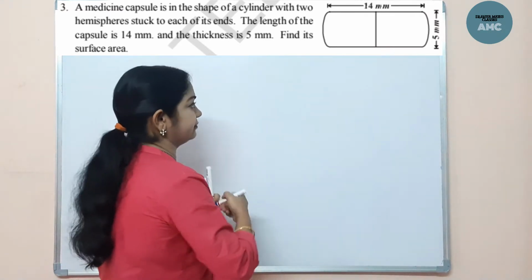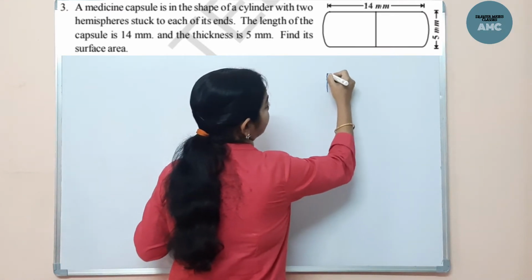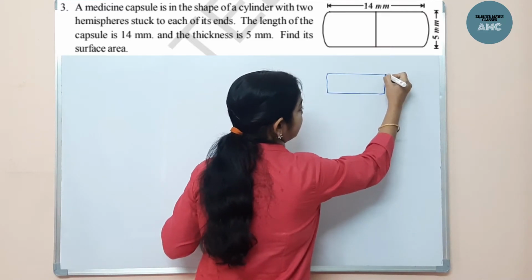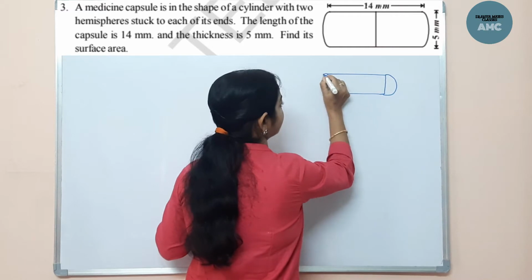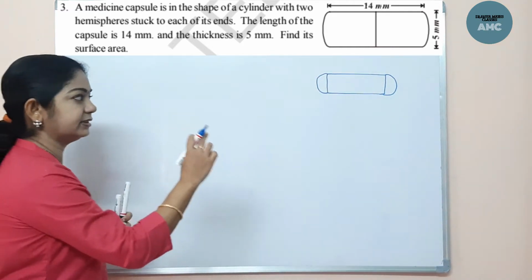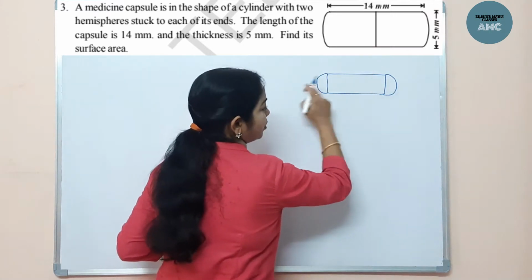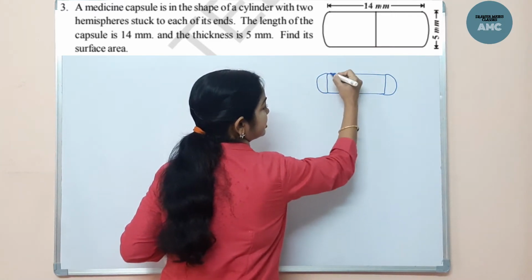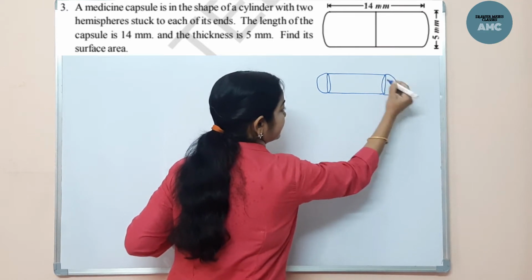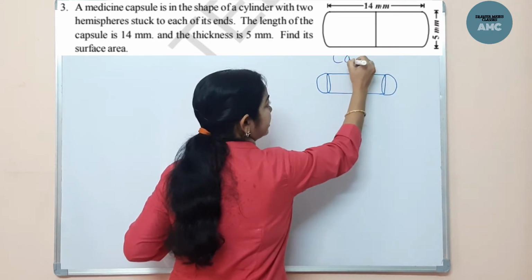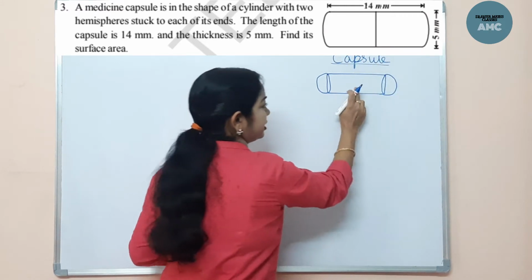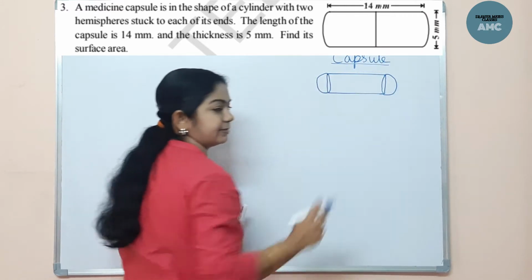Let me draw the diagram first for you. This is the capsule, in the form of a cylinder with hemispheres stuck to both its ends. This is one hemisphere, this is another hemisphere. This is the capsule, a combination of a cylinder and both the hemispheres.